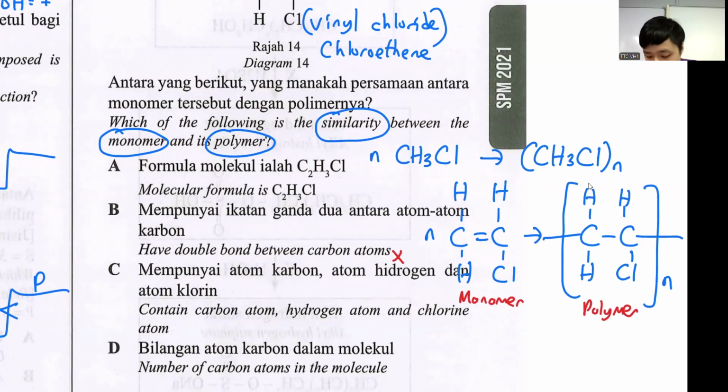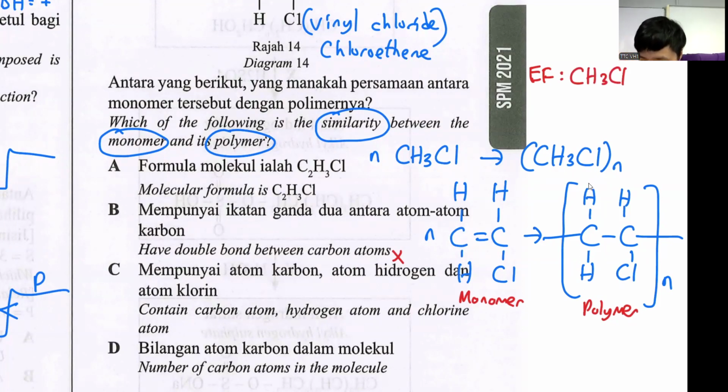Molecular formula is C2H3Cl. No. You cannot assume the molecular formula. If it is the empirical formula, both are C2H3Cl.